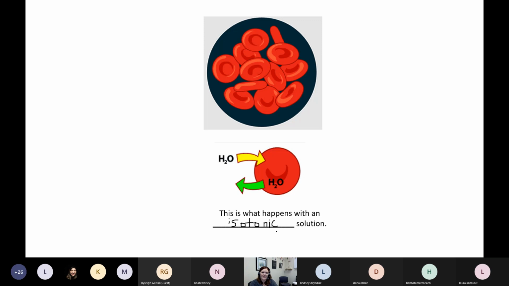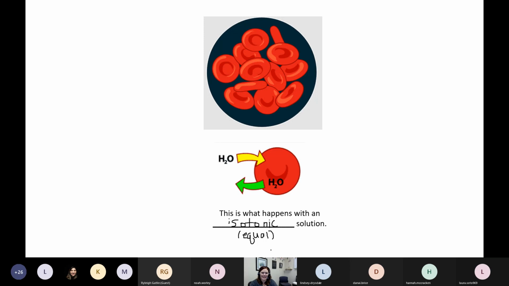Remind me, because it's been a minute since we talked about this, when we talk about a solution that's isotonic, what did isotonic mean about the concentrations again? What does isotonic mean? Exactly. Yep. When we're talking about isotonic, we're talking about things that are equal, or they have the same concentration.